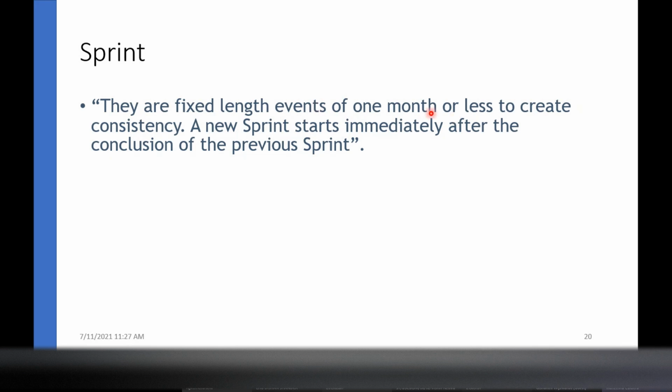So a sprint is a time duration for fixed length events. That means you clearly define how many events happen in this time period. The duration of this sprint is 1 month or less.